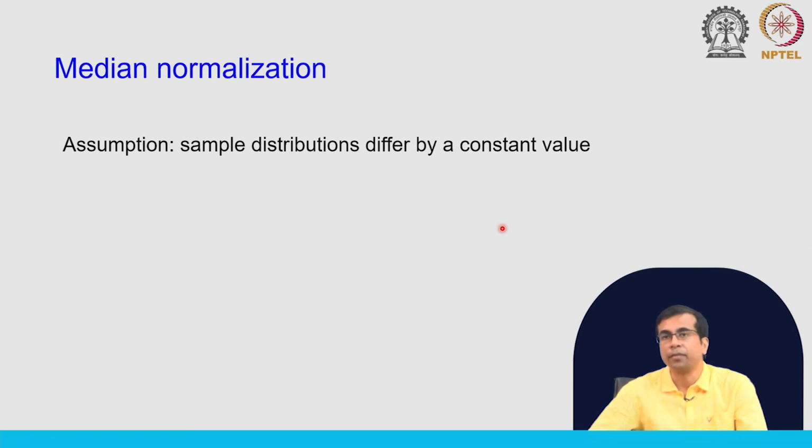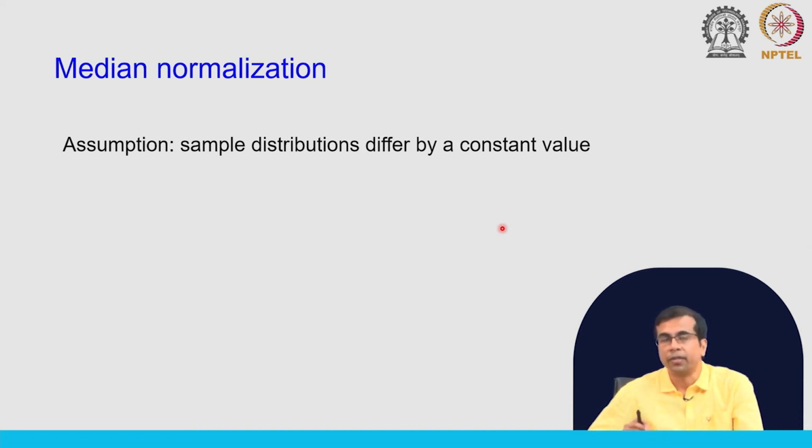One of the assumptions in median normalization is that the read count distributions in the samples differ by a constant value, right. So, if you have seen these examples of 3 samples, the assumption here is that the distributions differ by a constant value, and we can simply scale these distributions to bring them to the same median.